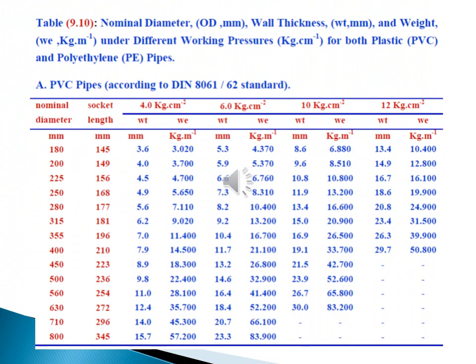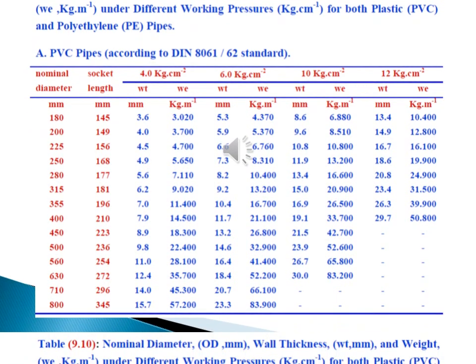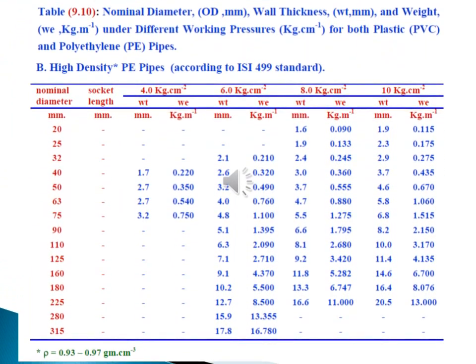Table showing nominal diameter, wall thickness, and weight under different working pressures for high density polyethylene pipes.